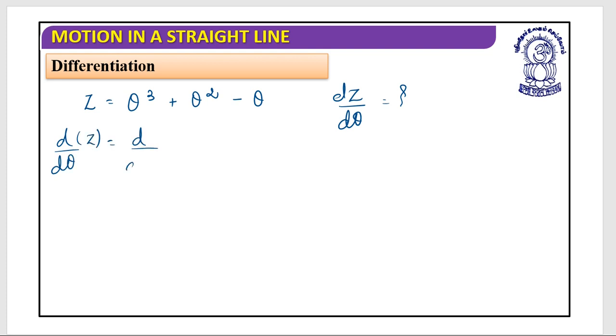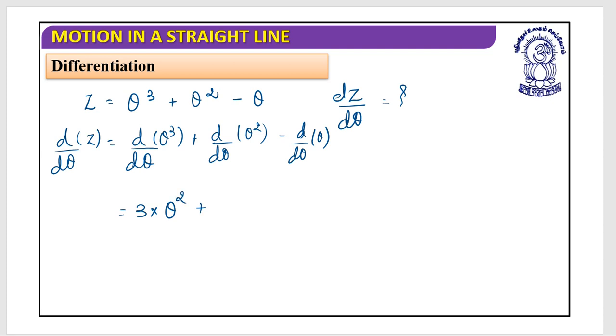This is equal to d by d theta of theta cube plus d by d theta of theta square minus d by d theta of theta. So when I perform d by d theta of theta cube, it is 3 multiplied by theta square, plus 2 multiplied by theta to the power 2 minus 1, that is 1, minus d by d theta of theta.